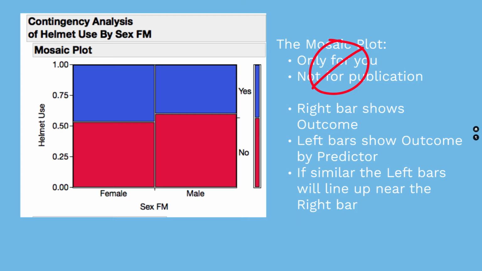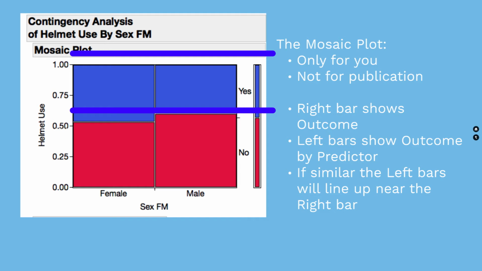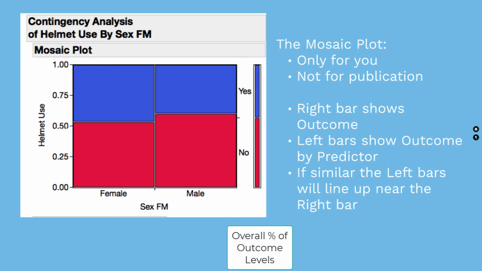This is just a graphical representation for you to quickly scan and see, are our blue or top portions similar by each of our x levels, and are they similar to the far right bar? The far right bar shows the overall percentage of your outcome, so what percentage of people are wearing a helmet and what are not. And then you can see it by gender, by female and by male.